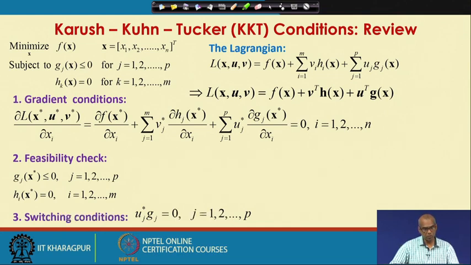Third KKT condition is the switching condition, which says that the product of the multiplier of the inequality constraint and the inequality constraint will be equal to 0.